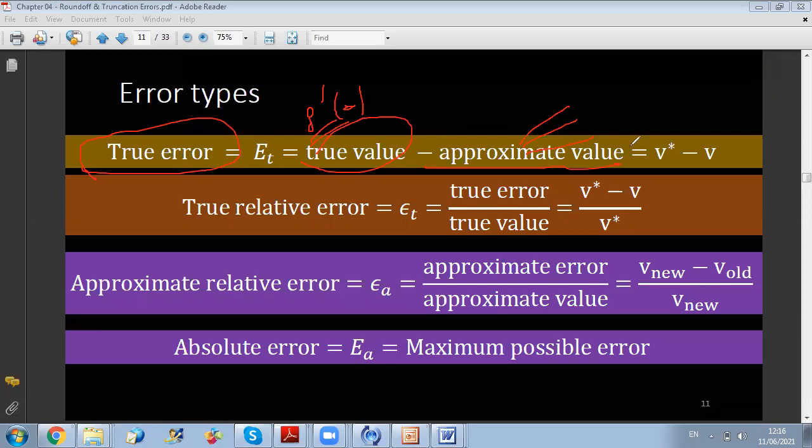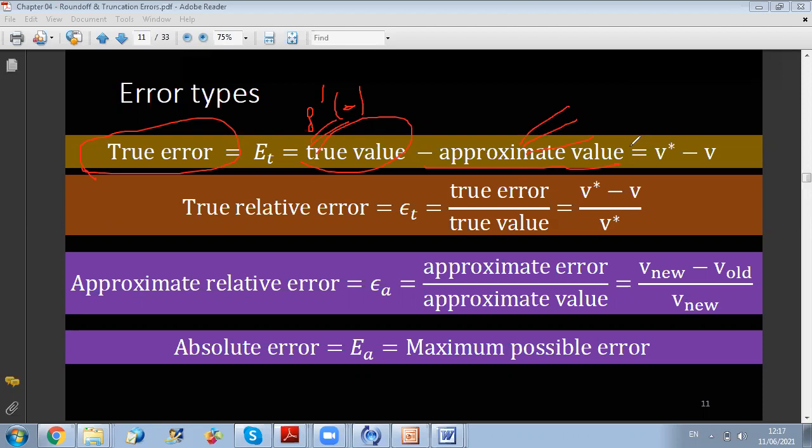Now, as I told you, the true error can just give you the difference between the true value and the approximate value, but it will not tell you the percentage of error, so you cannot know if it's an acceptable error or not. If I just tell you the true error is 10 to the minus 4, it can be a very good error, it can be a very bad error.